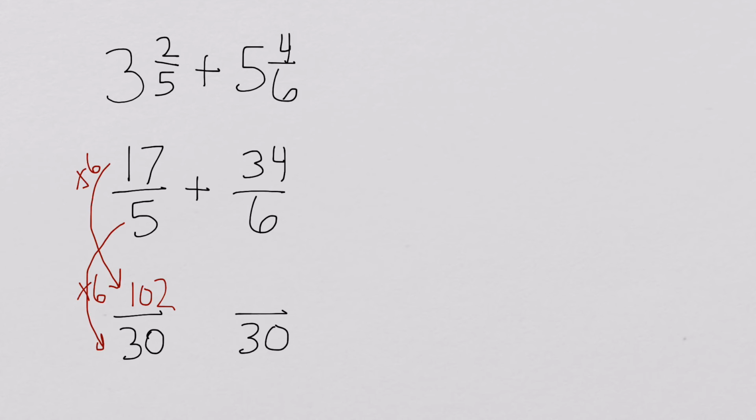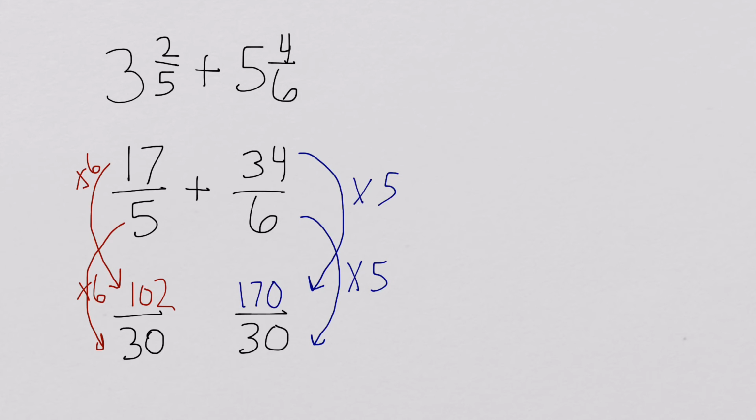Same thing on the other side. If I'm multiplying 6 by 5 to get 30, I have to multiply 34 by 5, which gets us 170. Now that we have both of those pieces together, we add them up, since we have our common denominator, and we end up with 272 30ths.